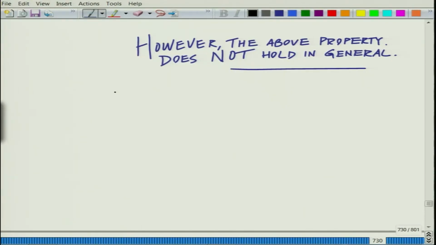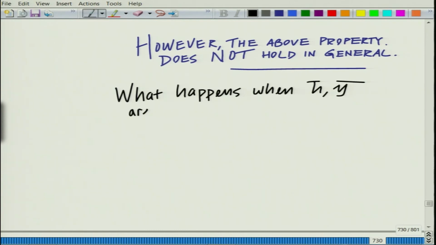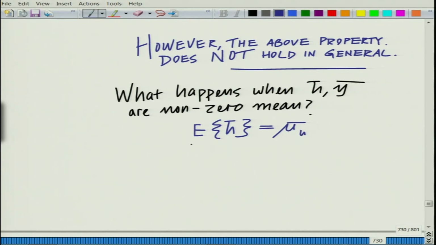I think we have already seen this, but we can consider it once more. What happens when h bar and y bar are non-zero mean? Very simple. We define new quantities. Let us say the expected value of h bar equals mu h bar and the expected value of y bar equals mu y bar.